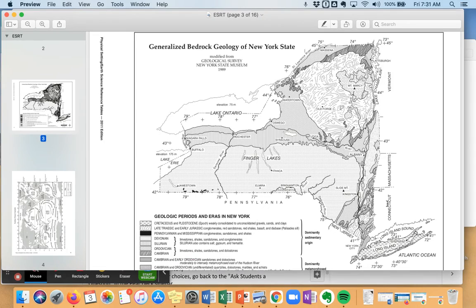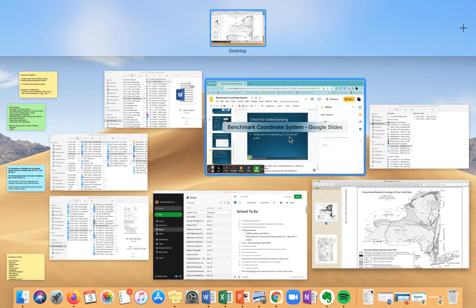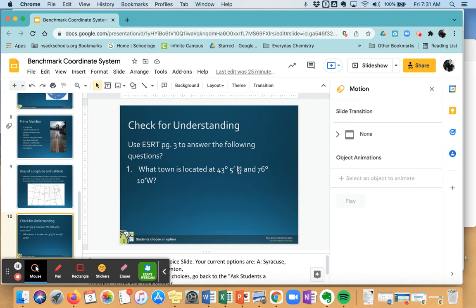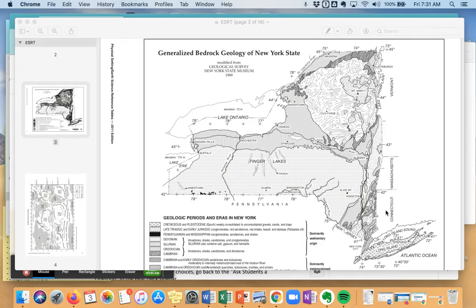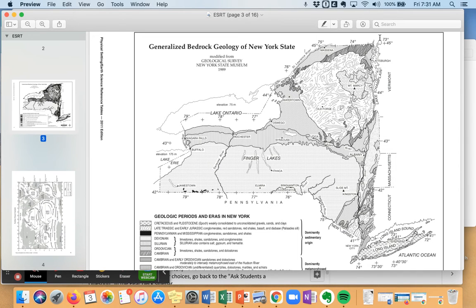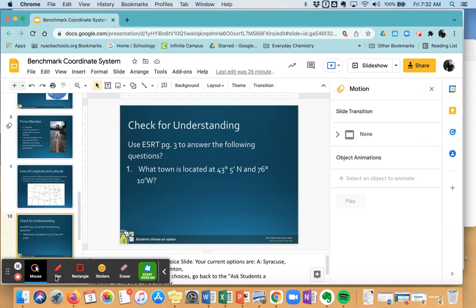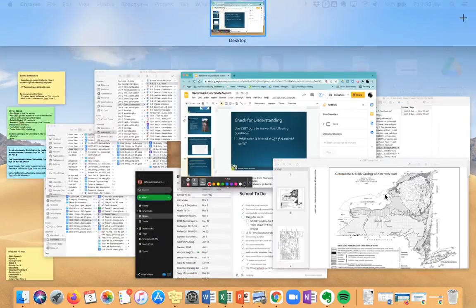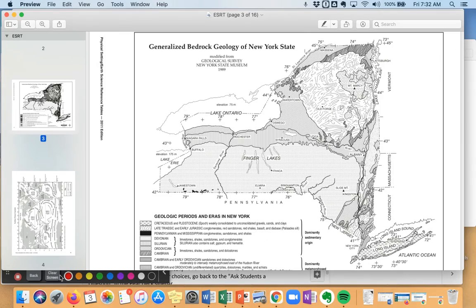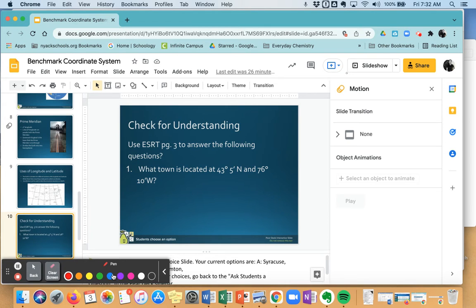So if we go to our Earth Science Reference Table, remember that for the north and south, we're looking at the lines of latitude. So we're looking for a little past 43 degrees north. So here are the lines of latitude. You can see we have 42, 43, 44, 45. So 43 is here.